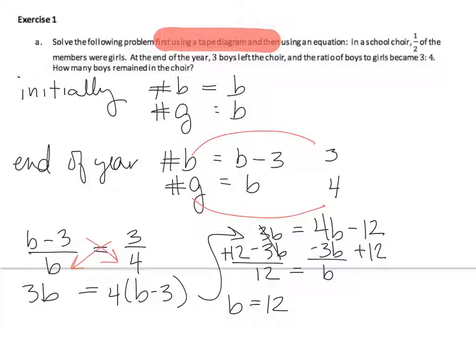At the end of the year, boys actually equals 12 minus 3, which is 9, and girls, which is B. I don't know why I crossed that L. Girls is 12. So we have our answer. The number of boys remaining is 9, and the number of girls is 12.